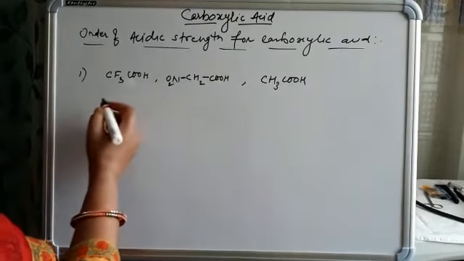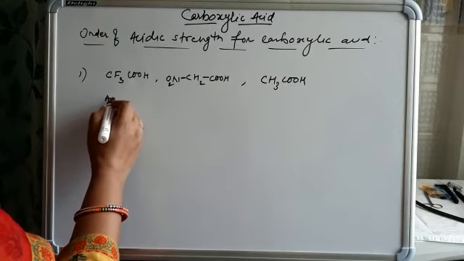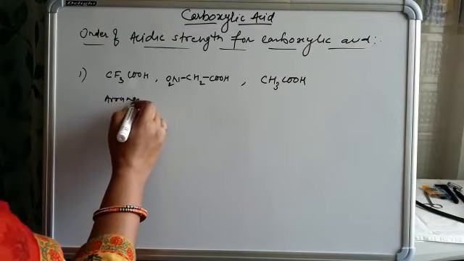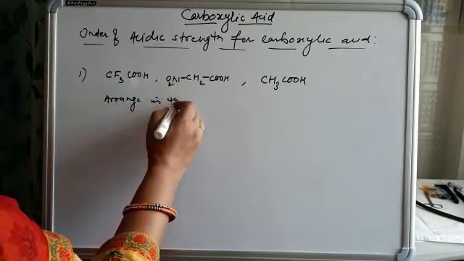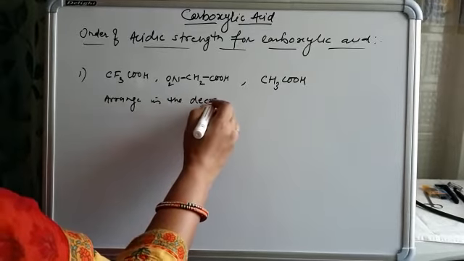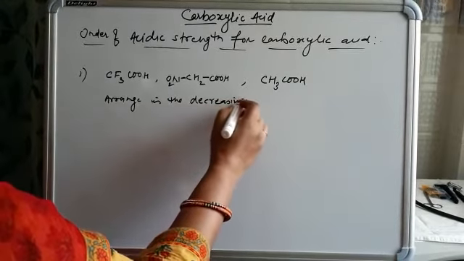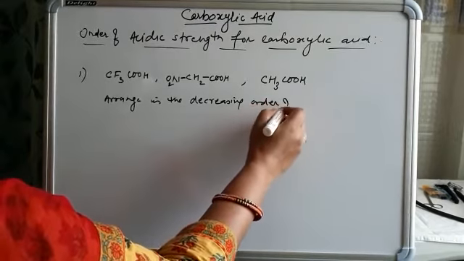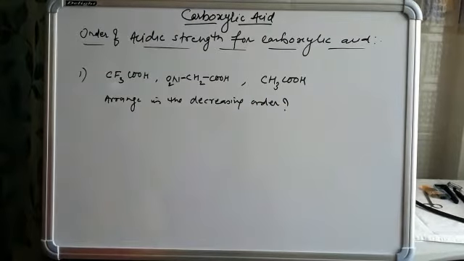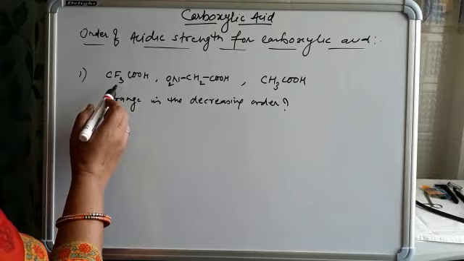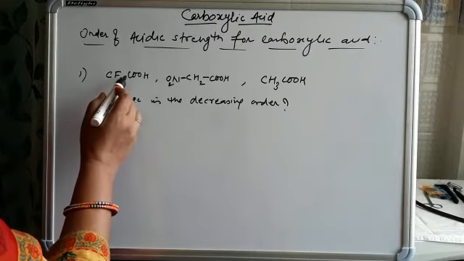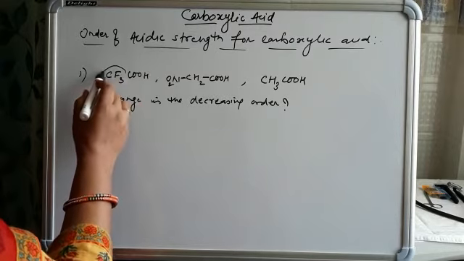Arrange all the given compounds in the decreasing order of acidic strength. So at first we should know about the groups attached to the carboxylic acid.